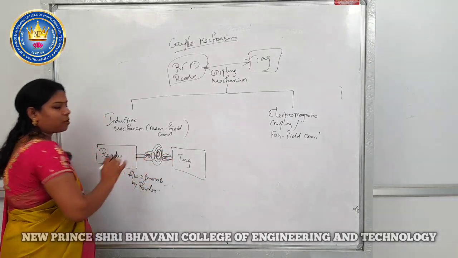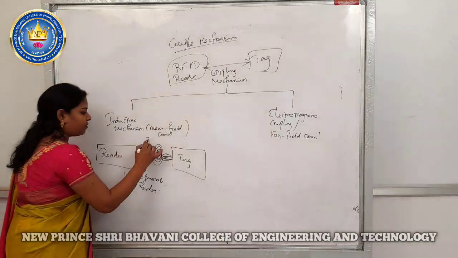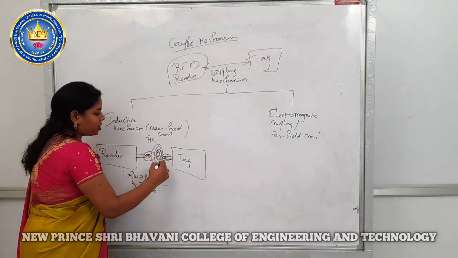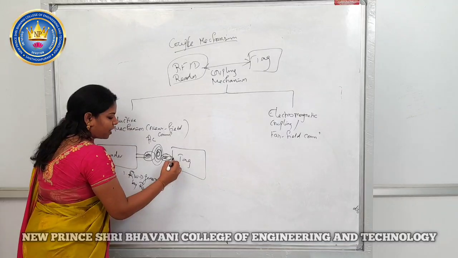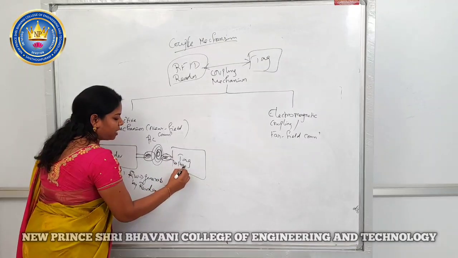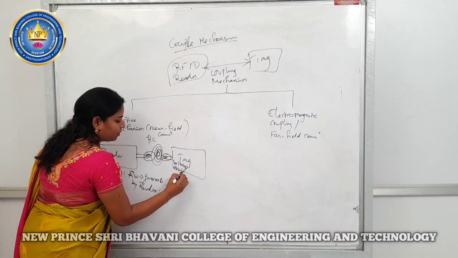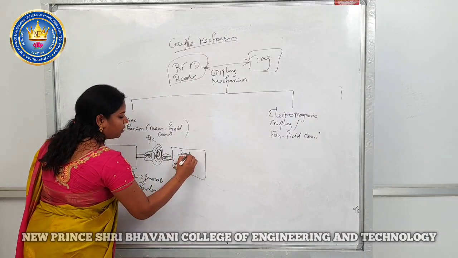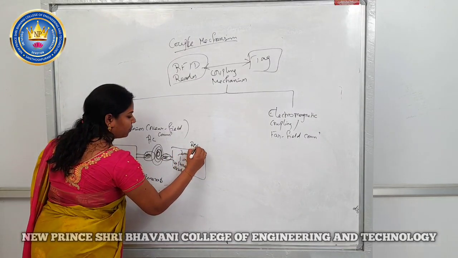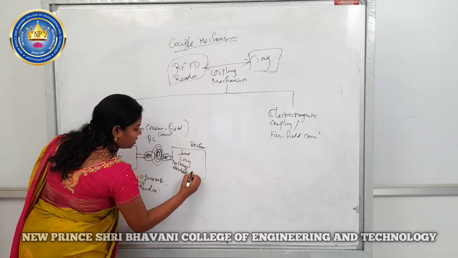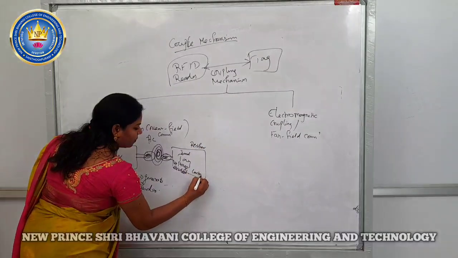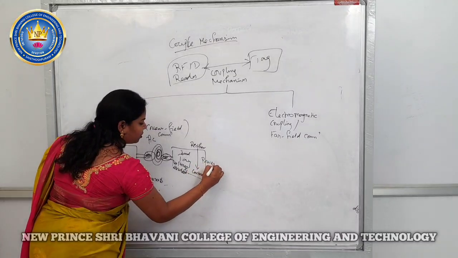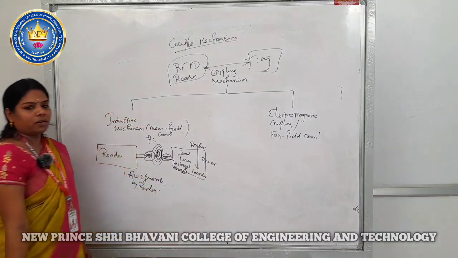In that coil the alternating current will flow across the coil, which in turn excites the voltage in the RFID tag. In the tag we have a load, a rectifier, and a controller. By means of the rectifier the power will be generated and given to the controller.